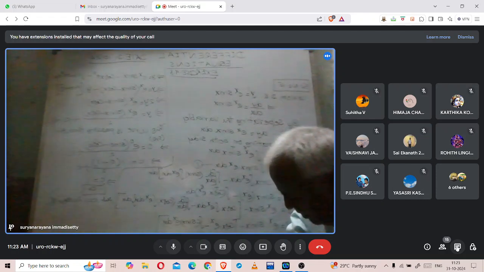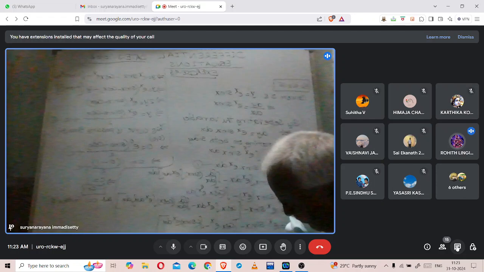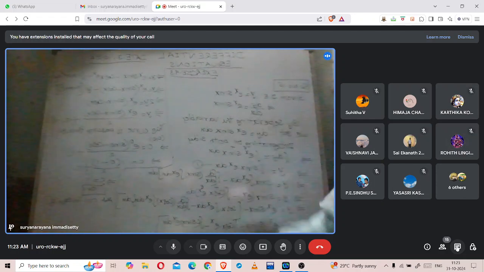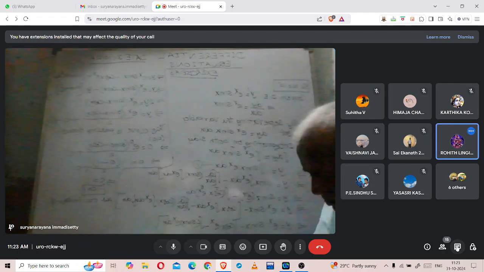Will you do the 16th one? For the differential equation, find the solution of the curve passing through the point. Same like this question, same like question number 15. You do it by yourself.